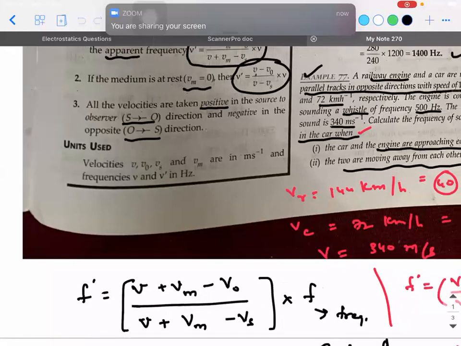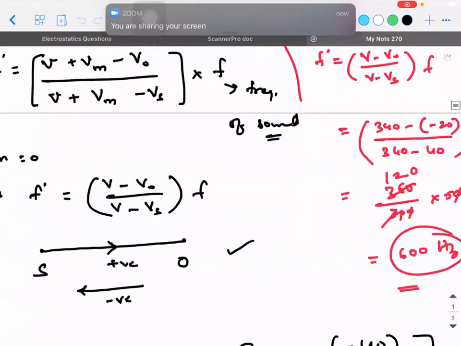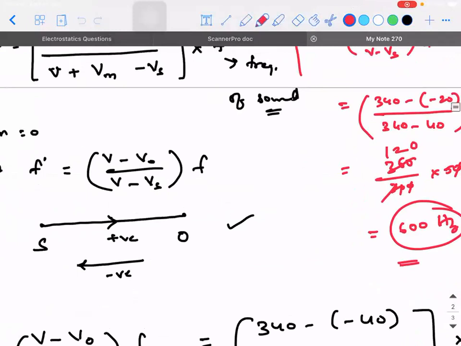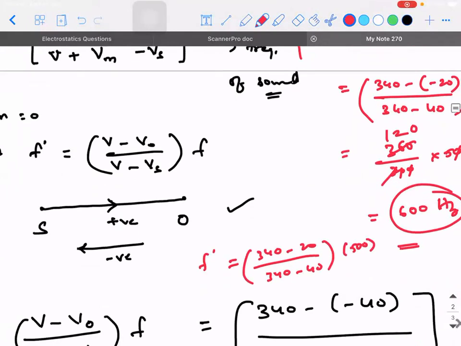Right. Now let's think of the other case. When the two are moving away from each other, F dash will be 340 minus 20 divided by 340 minus 40, into 500, because everything will be positive. 340 minus 20 means 320, divided by 300, into 500.